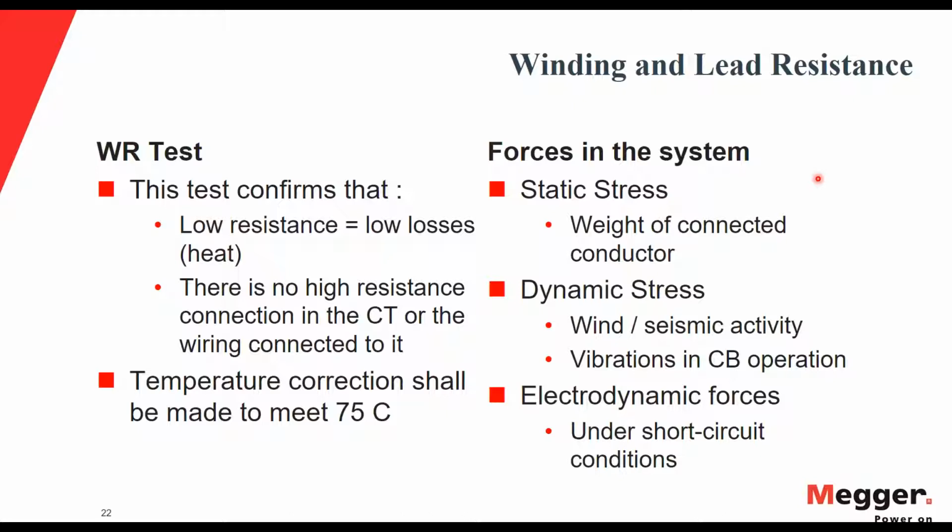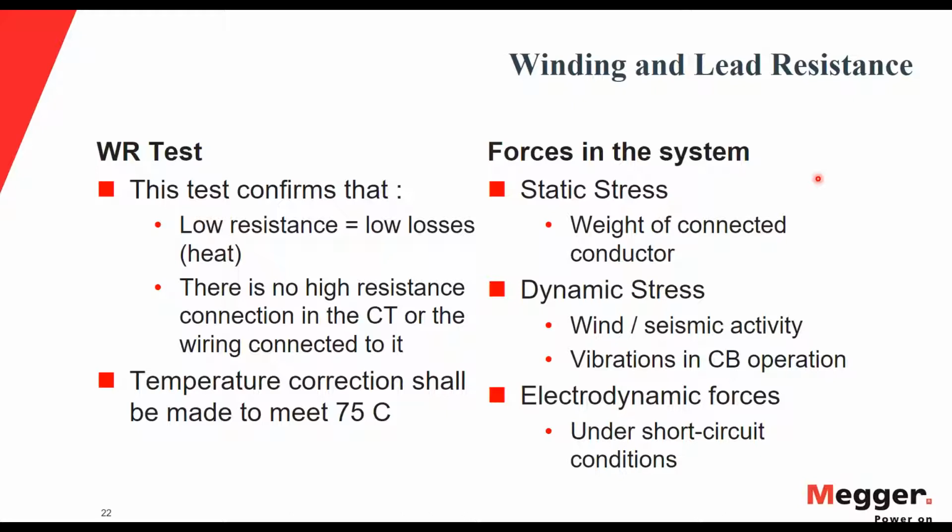But if you do the winding resistance test first, you fully saturate your CT, because this test, let's face it, will inject a DC current on your winding and saturate your core. This test will give you the winding resistance value. Usually you will have to correct it to a certain temperature value.